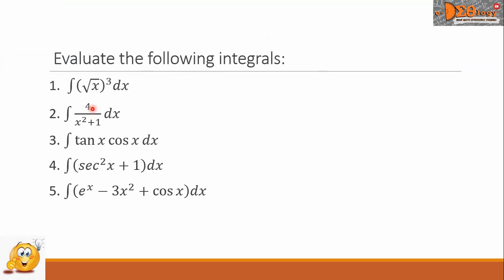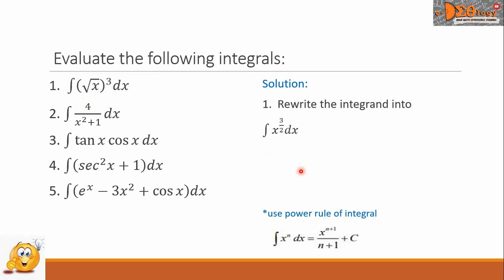Let us evaluate the integral of the square root of x, this quantity is raised to 3, dx. For our solution, let us rewrite our integrand into fractional exponent. So we have here the integral of x raised to 3 over 2 dx. From here, let us use the power rule of integral.